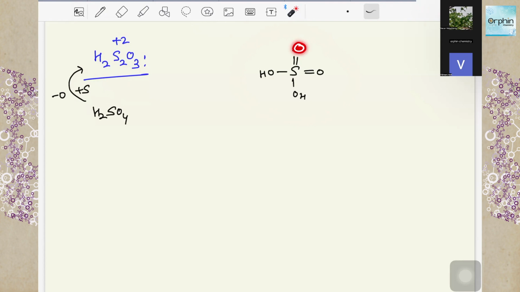So you just have to remove oxygen and put the sulfur. That's it. And when you remove oxygen and add sulfur, the prefix thio comes. So its name is thiosulfuric acid.